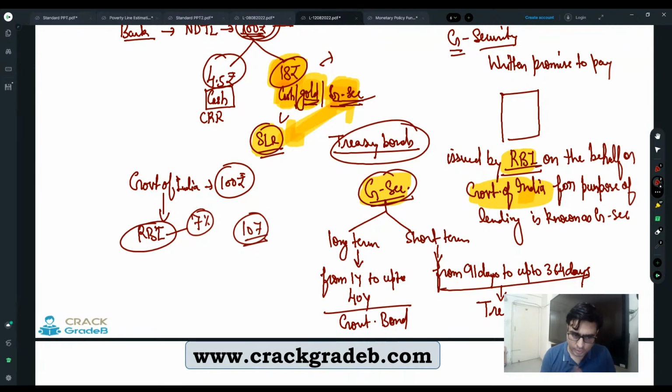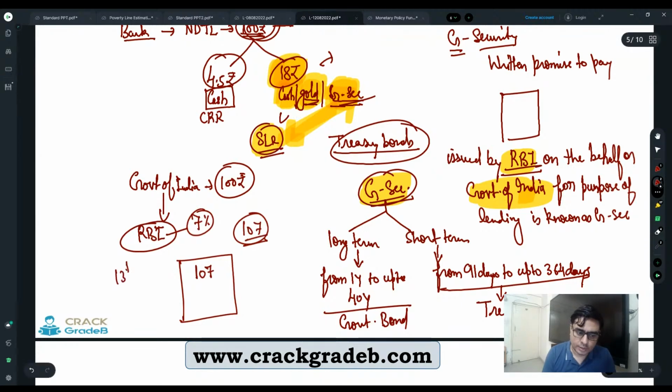Now the Reserve Bank of India made a paper on behalf of the Government of India, and RBI has mentioned, listen very carefully, that this paper has a worth of 107 rupees, dated 13th August 2022.